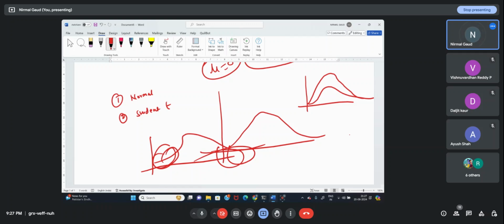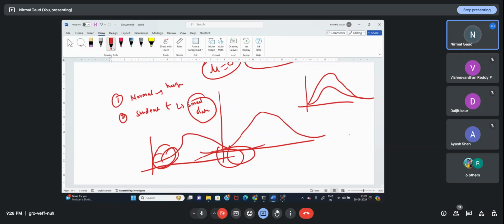And student T is used with small data. Remember, the student T distribution is applied over small data, while the normal distribution is applied over huge data. So that is the difference between normal and student T distribution.